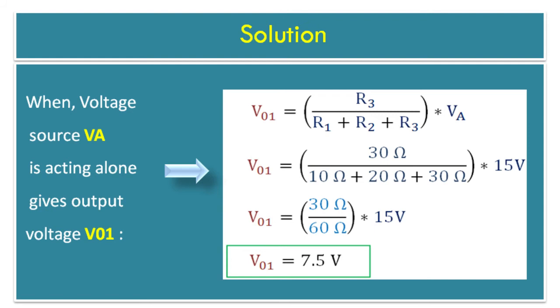V01 is equal to 30 ohm divided by 10 ohm plus 20 ohm plus 30 ohm, multiplied with 15 volt. Therefore, after calculation, we get voltage V01 is equal to 7.5 volt. This is the output voltage when voltage source VA is acting alone in the given circuit.